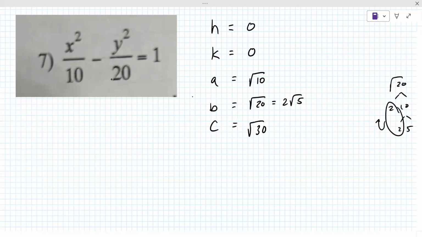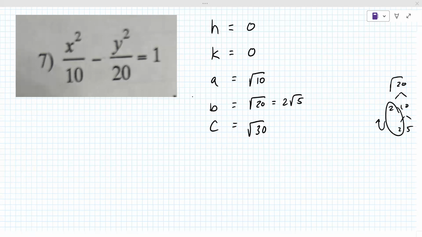The square root of 30 does not reduce. Is there anything to clarify there?